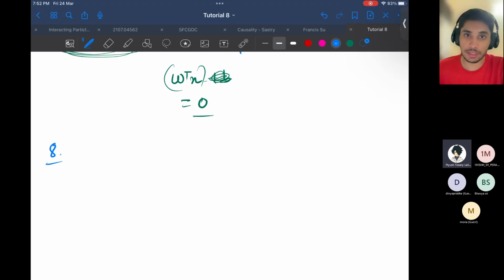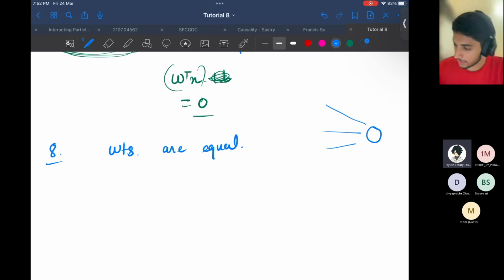That there is a feed forward network, and we are observing that the weights are equal for a single neuron. So the structure is like there is some neuron, and there are some weights coming in, W1, W2, W3, W4, something like this. We are saying that all of these weights are equal. What are the possible reasons for it? Is the question.